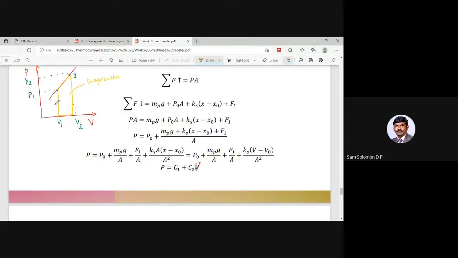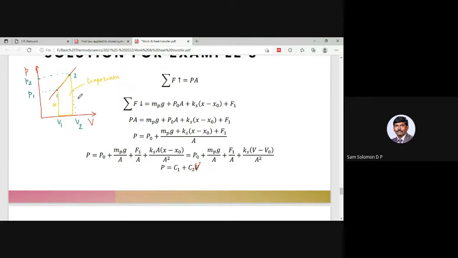Say this side of the trapezium has a length A, this side has a length B, and this has a height h.